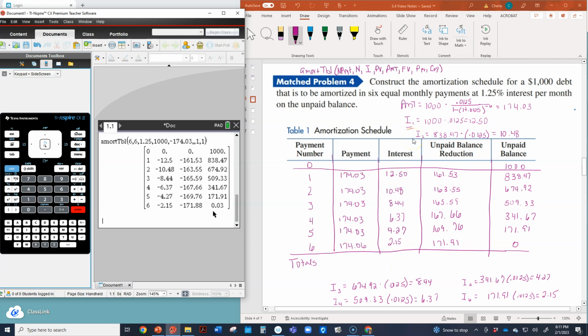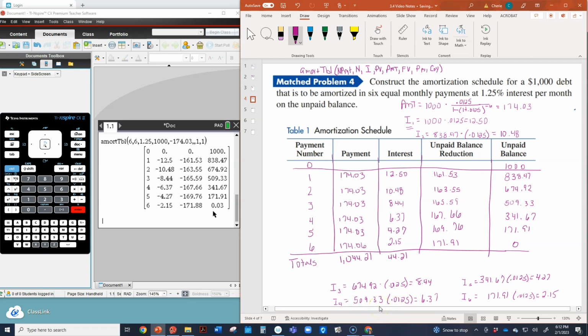Oh, one thing that I did not do is your total payments, because I think they may ask you, how much interest did you pay? Well, these are the payments that you made. You add those up, it comes out to be $1,044.21. You add all those up, that's your interest. It was a total of $44.21.